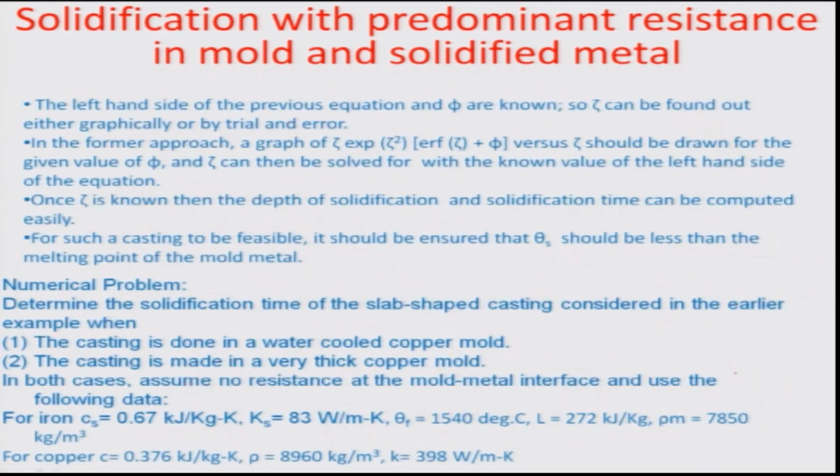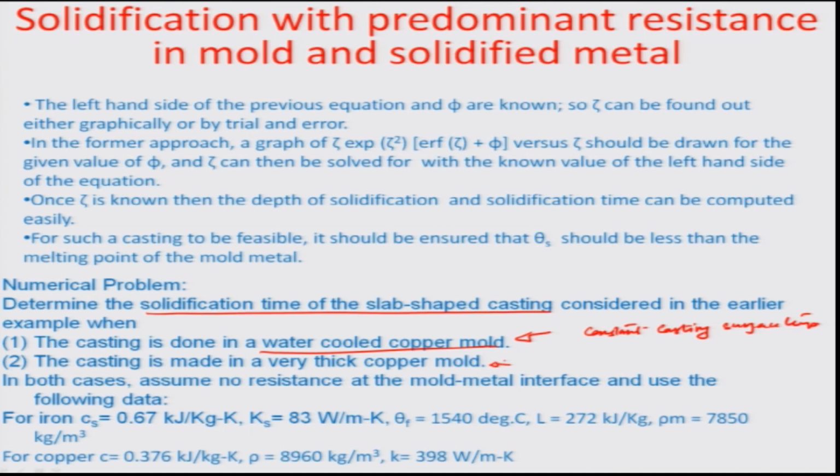So, let us do some problem examples now. In one of the numerical problems, for example, here we determine the solidification time of the slab-shaped casting considered in the earlier example. The casting is done in a water-cooled copper mold. So, basically this is the case corresponding to the constant casting surface temperature, meaning thereby that this is the case of a water-cooled thin copper mold, and the other one is a thick copper mold where the predominant resistance would come from the solidified metal portion as well as the mold-metal interface.